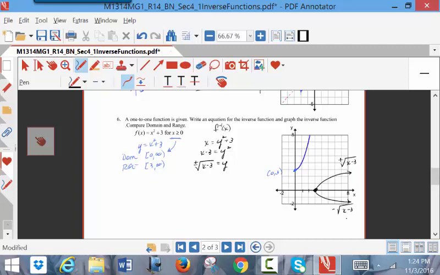Now, knowing that the inverse is a reflection of the original function, do I keep the positive square root or the negative square root to be the inverse? Which one is it? It's the positive. So the inverse function is the positive of the square root. That will not always be true. Sometimes it will be the negative. So I only keep the top half of the graph.